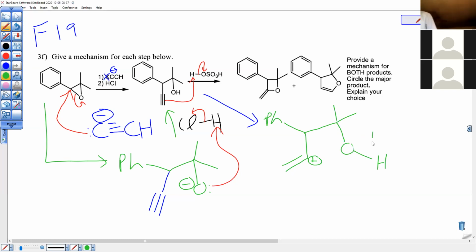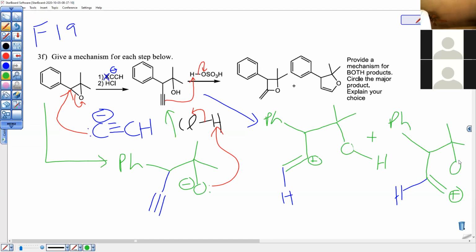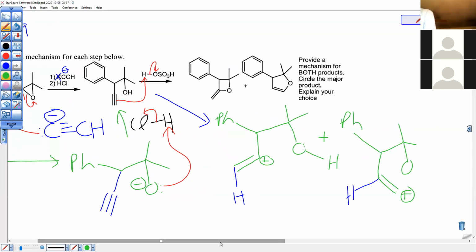And you're also going to make, if you put the H on the internal position, then your cation, let's see, 1, 2, 3, right? 1, 2, 3. Here, and I'll show the new H's just in case you're wondering where the new H is. And the new H one here and the other one. And we've got the same OH situation here.